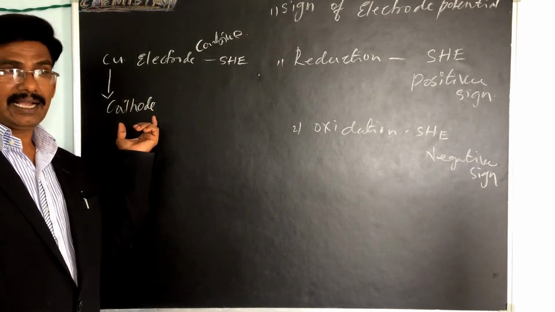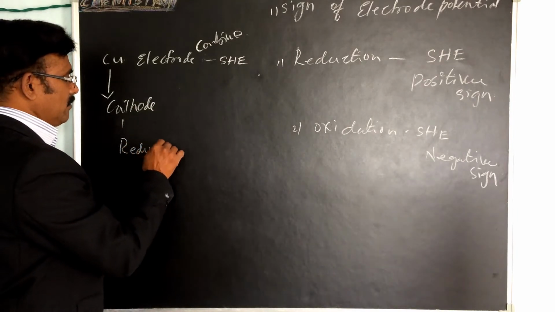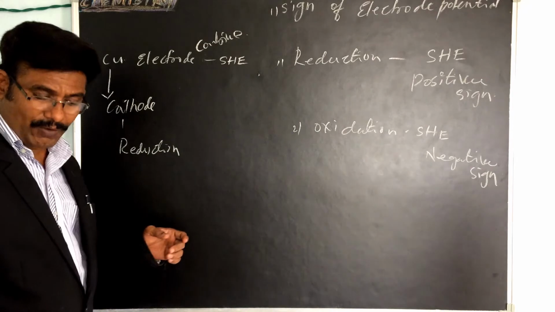Cathode means reduction, so a reduction takes place. What is the reaction?